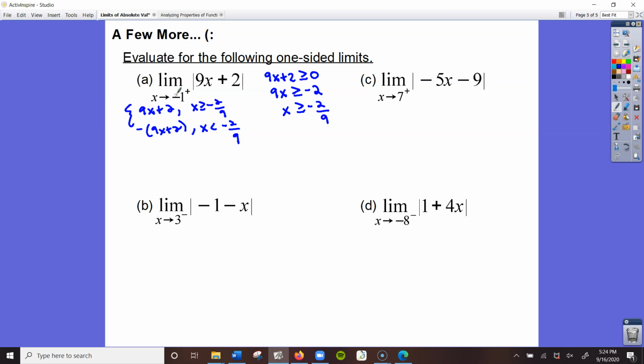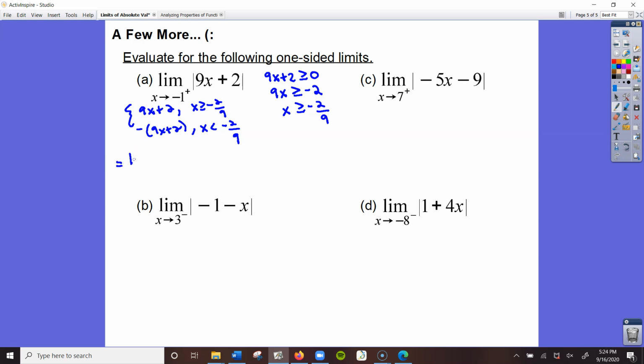Now my limit here is for when x is approaching negative 1 from the right. Negative 1 is not where my absolute value function splits in the piecewise. So we just have to check which side it refers to. Negative 1 is less than negative 2 over 9, so I'm going to plug it into that bottom part of my piecewise.